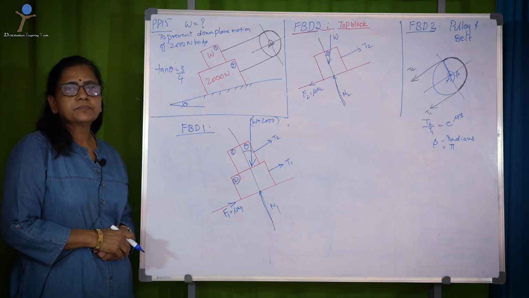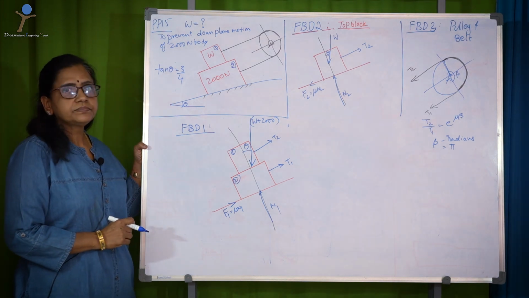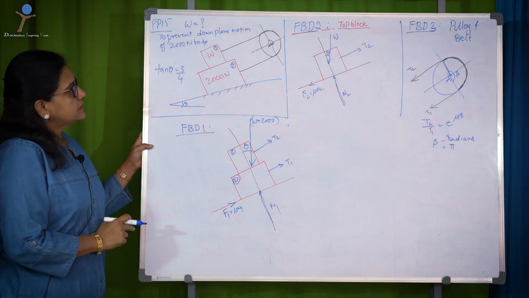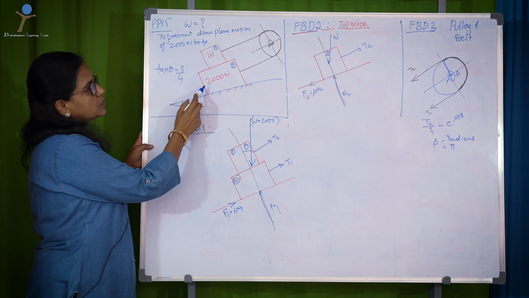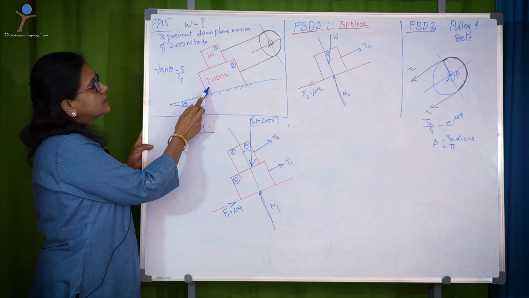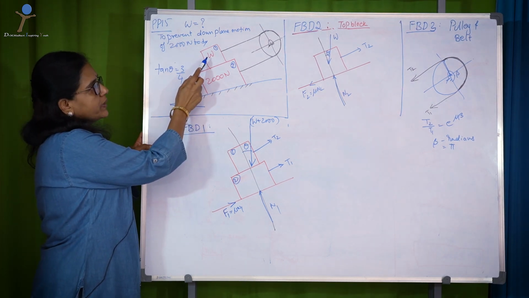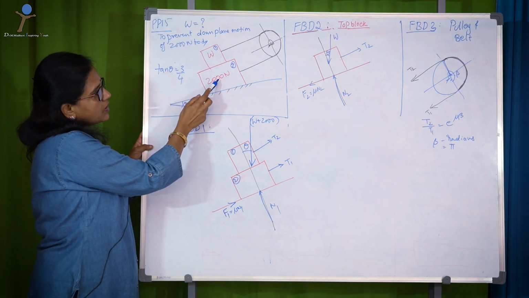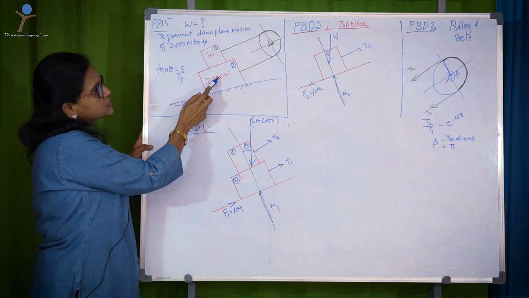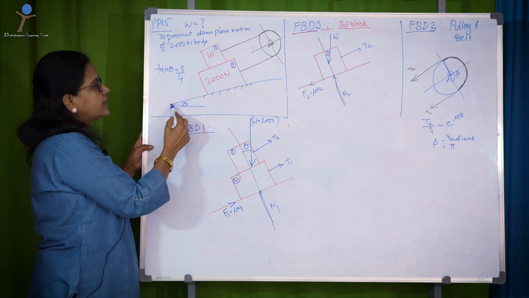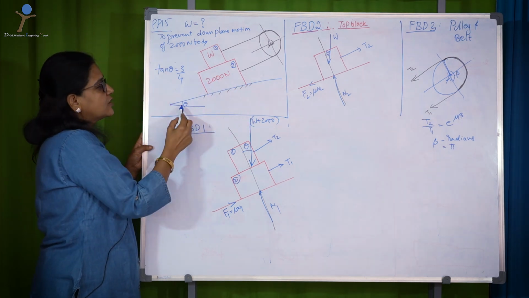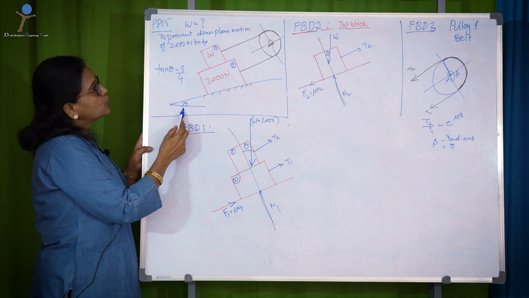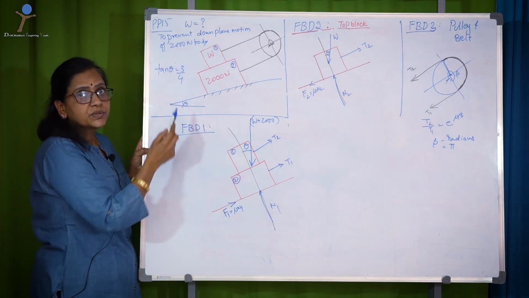Now, let us understand problem number 15. Here, there are two blocks. One is of 2000 Newton and another block, of unknown weight W, is resting on the 2000 Newton block, and these two in turn are resting on an inclined surface at an angle theta. The slope is given as tan theta equal to 3 by 4.